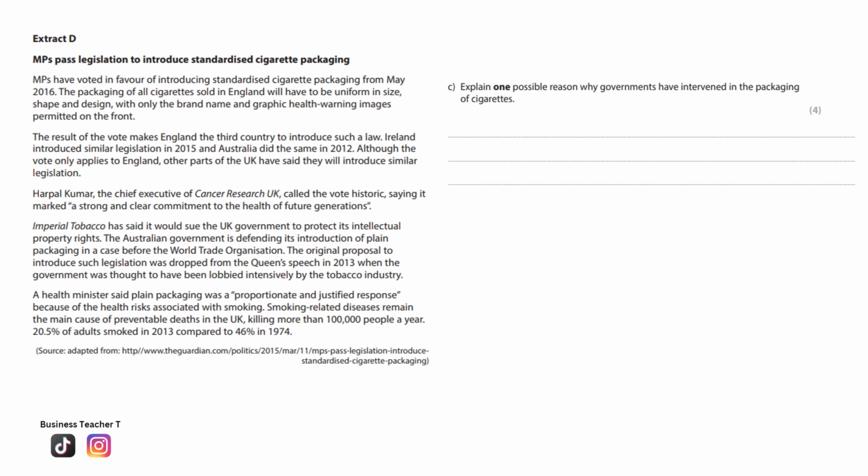The original proposal to introduce such legislation was dropped from the Queen's Speech in 2013, when the government was thought to have been lobbied intensively by the tobacco industry. A health minister said plain packaging was a proportionate and justified response because of the health risks associated with smoking. Smoking-related diseases remain the main cause of preventable deaths in the UK, killing more than 100,000 people a year.